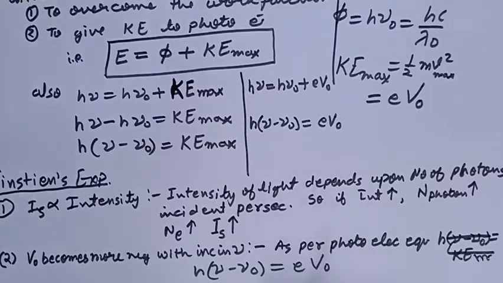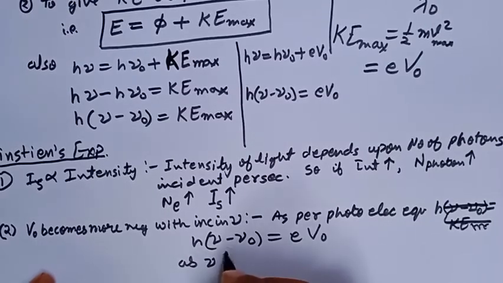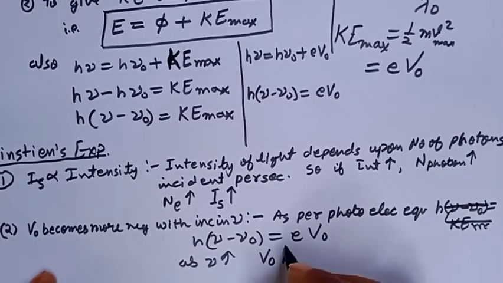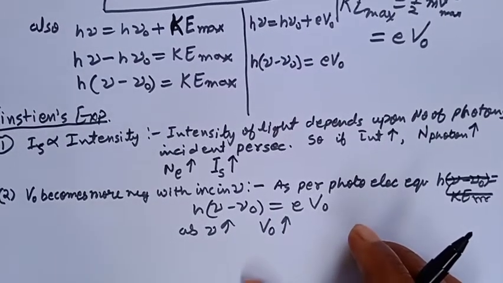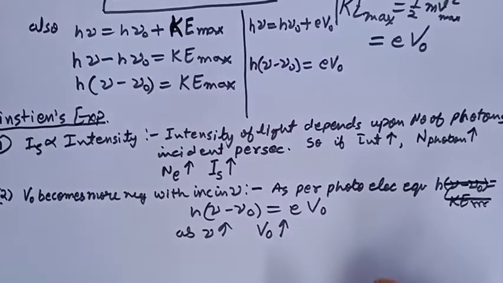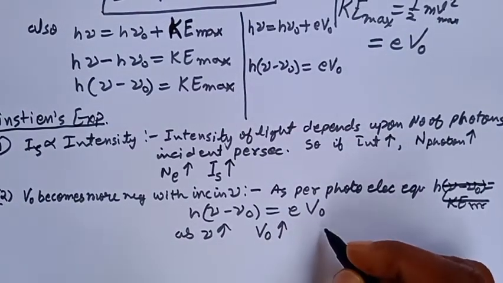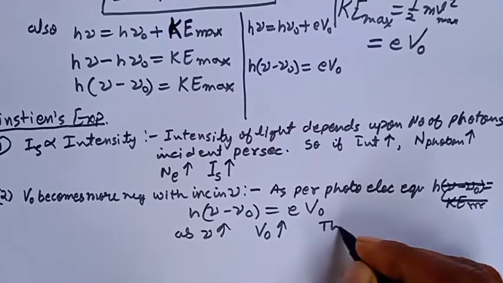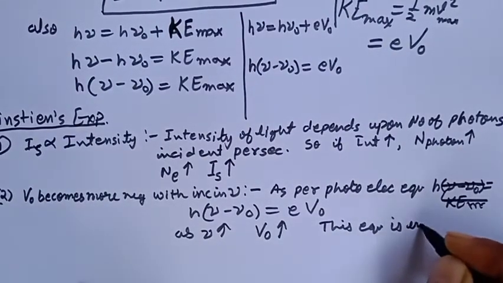So it is clear that as nu increases, V naught also increases, and it is negative, so it becomes more negative. And this equation is independent of intensity of light.